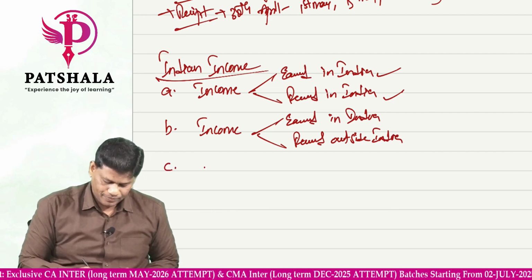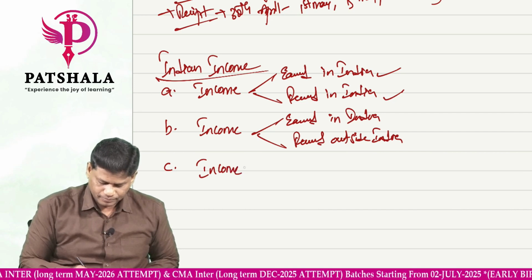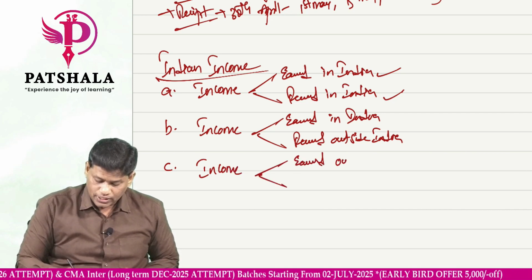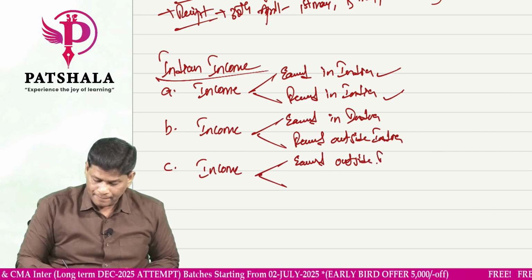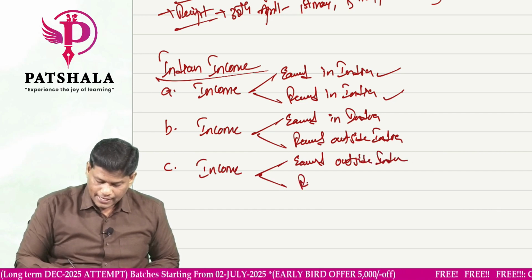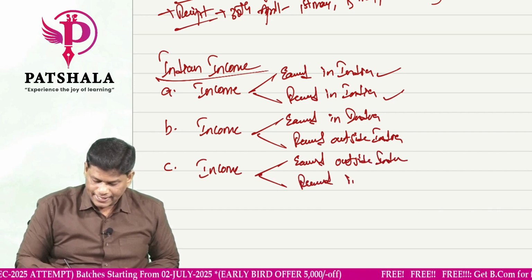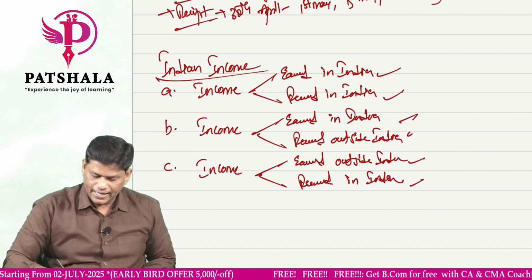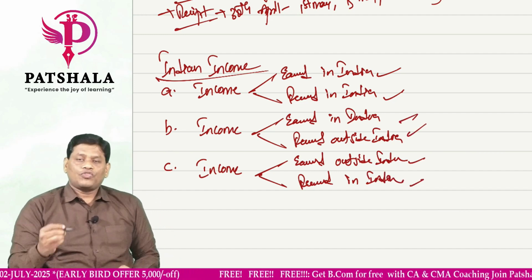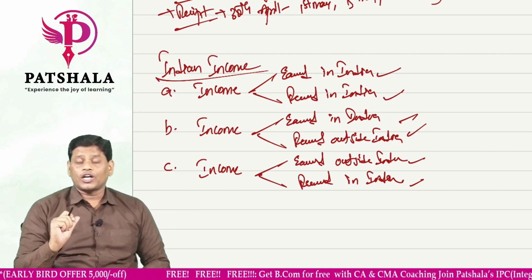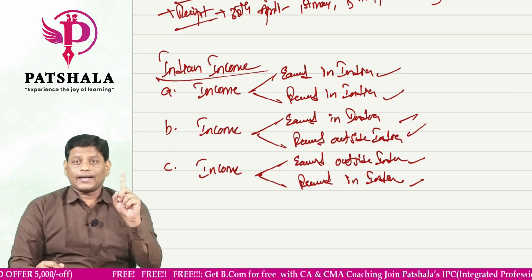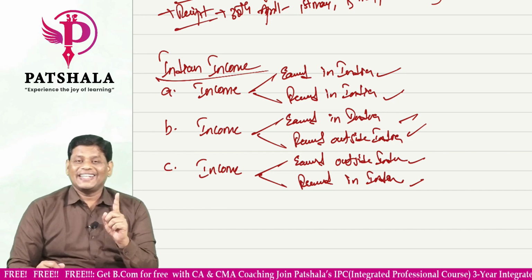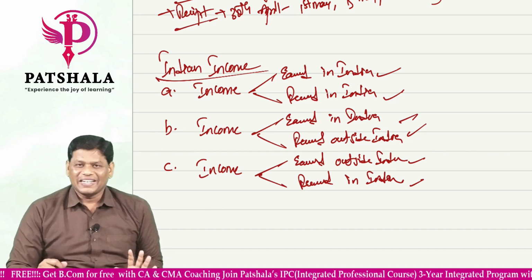And last one, income which is earned outside India and received in India. Still it is known as an Indian income. So if you observe these three cases, what point do you get? Among earning or receipt, any one should be in India. If any one is in India, that will become an Indian income.